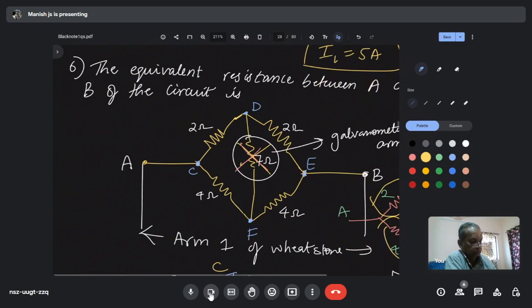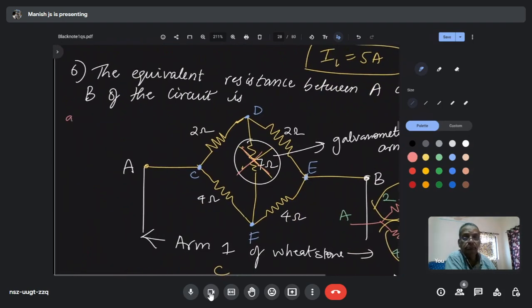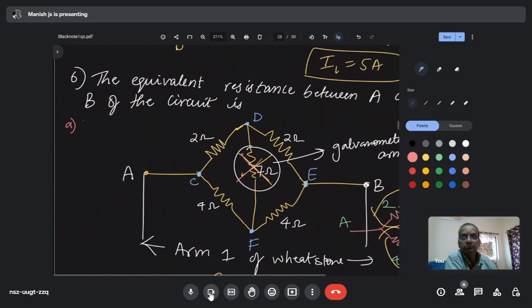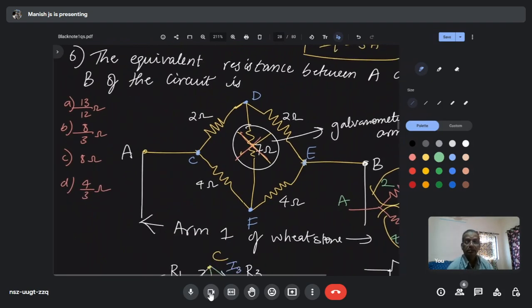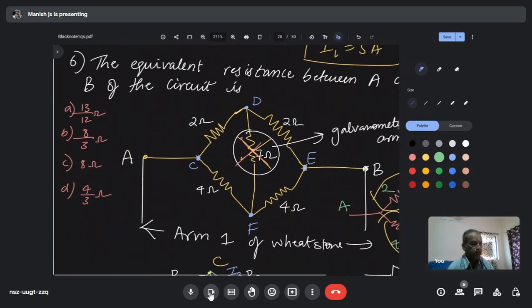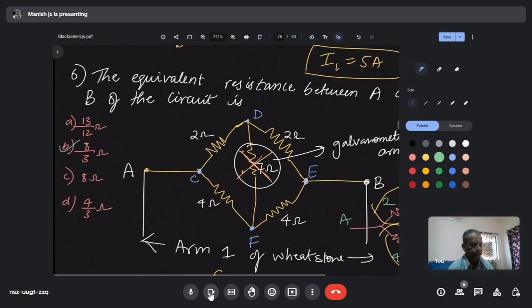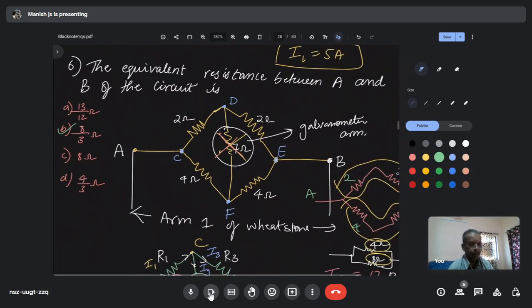The options given: Option A is 13 upon 12, Option B is 8 upon 3, Option C is 8 ohms, and Option D is 4 upon 3 ohms. So what is the answer according to this circuit? The answer is Option B, 8 by 3 ohm. That's how we solve this type of question.